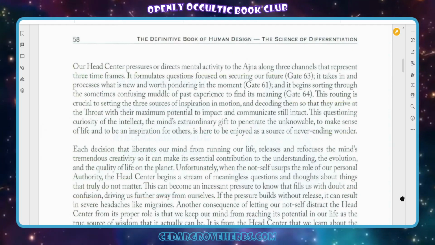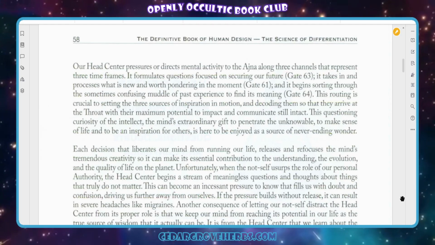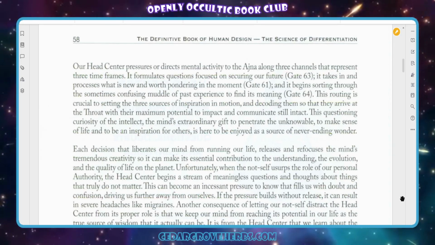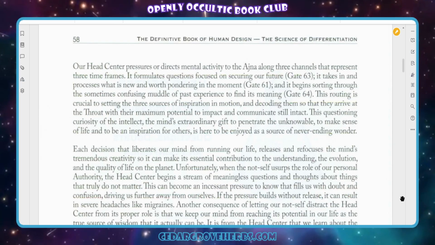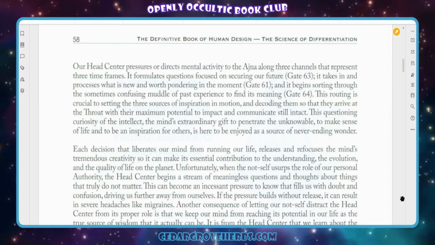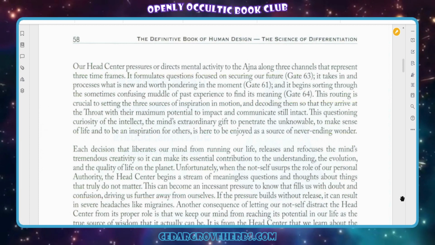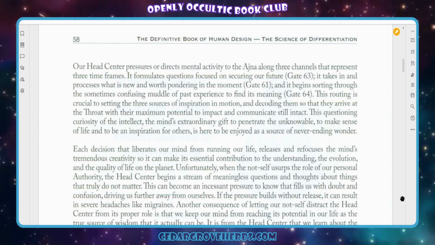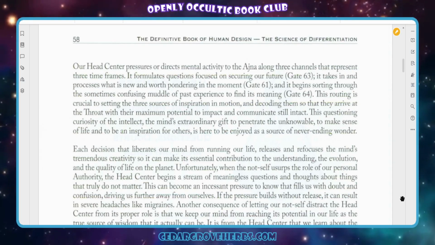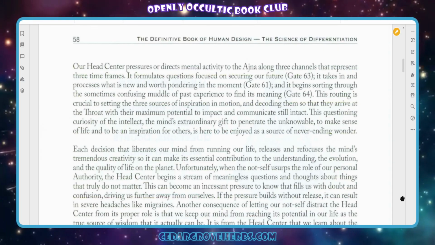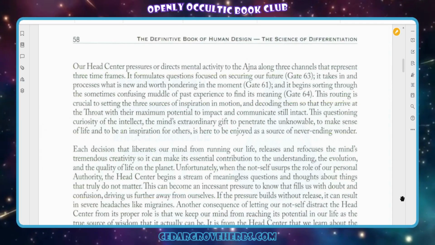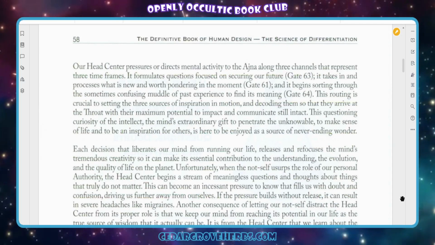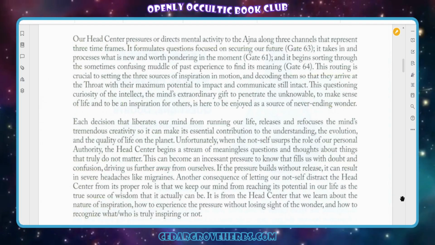This routing is crucial to setting the three sources of inspiration in motion and decoding them so that they arrive at the throat with their maximum potential to impact and communicate still intact. This questioning curiosity of the intellect, the mind's extraordinary gift to penetrate the unknowable, to make sense of life, and to be an inspiration for others, is here to be enjoyed as a source of never-ending wonder.